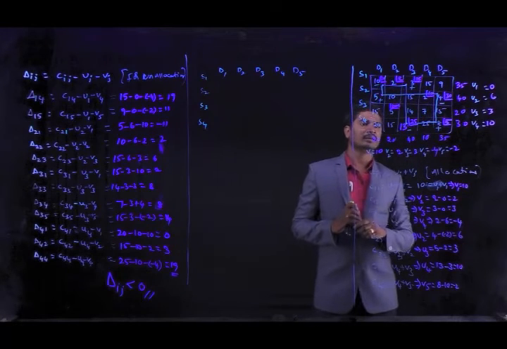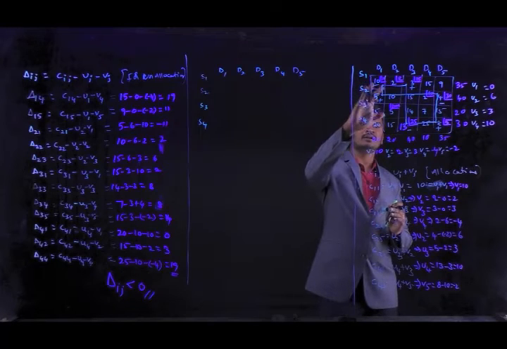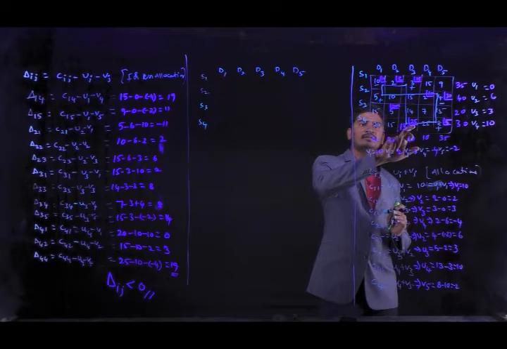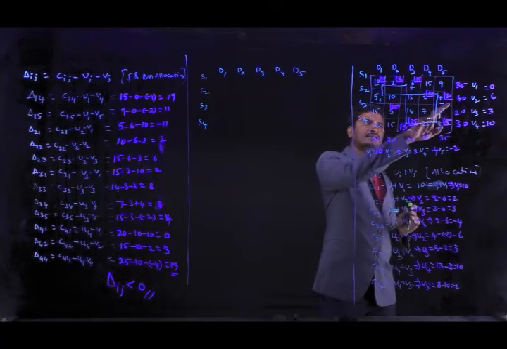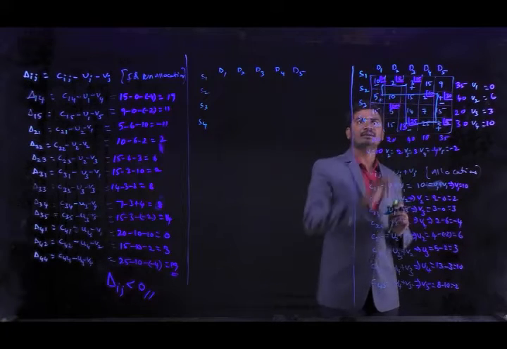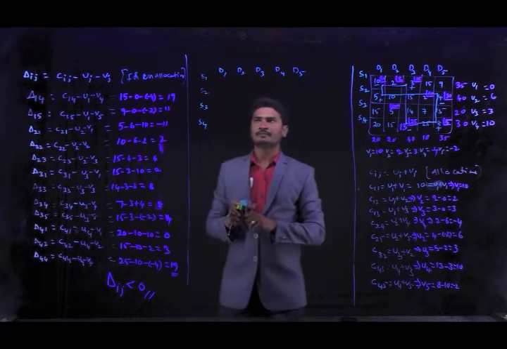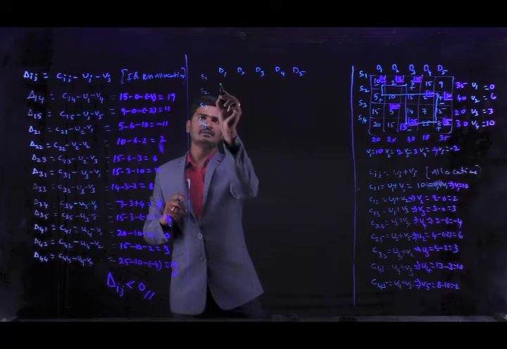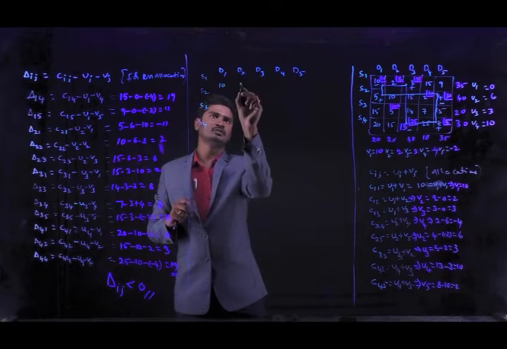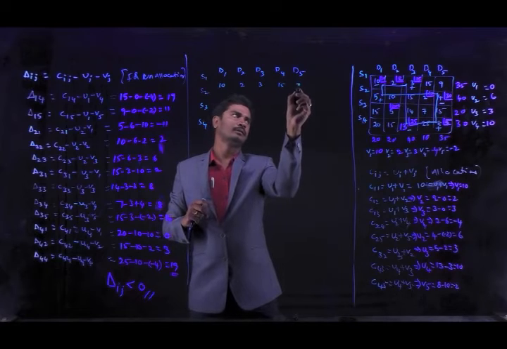From this, how much negative value is there? The negative values are 20, 25, 30. From this, 20 is the minimum, so we are going to transfer 20 units through that loop. Here the table is 10, 2, 3, 15, 9.